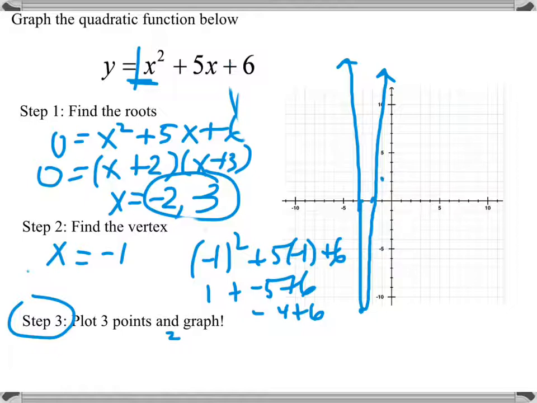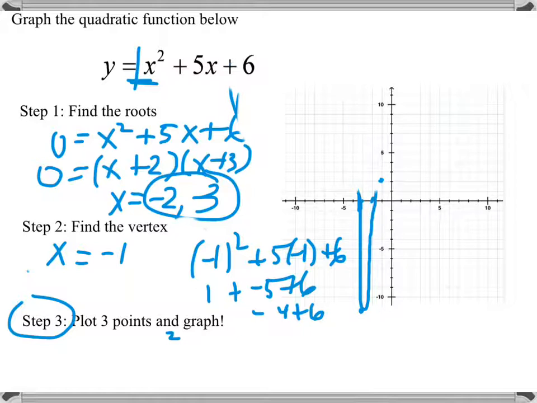So already I can see that my graph is getting a little bit off on the branches up here. So let me plot that point one more time. That also means that I can get a point that's to the right and up from the root. So if I go to the left and up from this root, I could find another point on this graph.